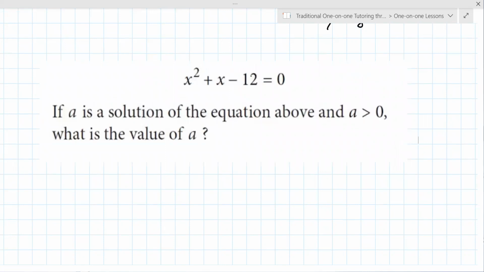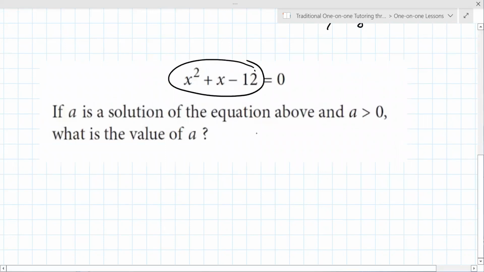Okay, so I want you just to factor this. Don't worry about the rest of it. We'll talk about that in a moment, but just try factoring that. Okay.